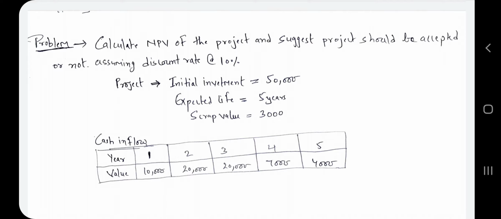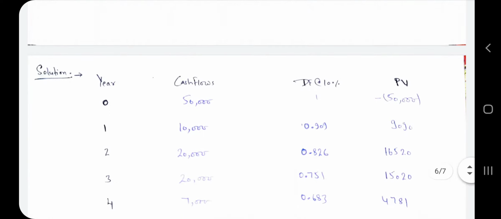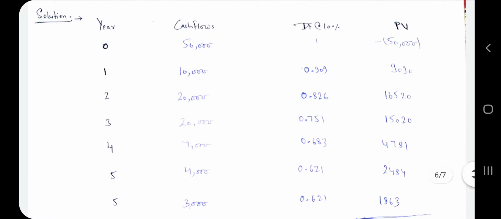For that you have to draw one table or directly put the values in our formula. So here we use both concepts. First we see the table. In this table the first column is year, second column is cash flow, third column is discount rate and fourth column is the present value.